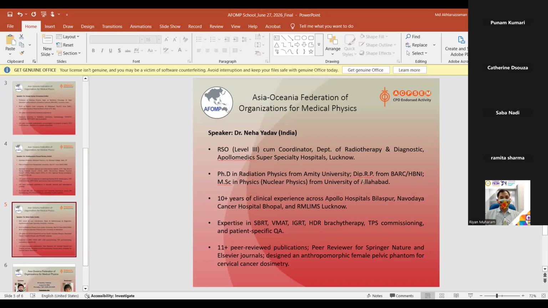She has more than 11 national and international publications, and she has also developed an anthropomorphic female pelvic phantom for cervical cancer dosimetry. I welcome Dr. Neha Yadav to take us through the last session on adaptive radiotherapy and move on to the presentation.